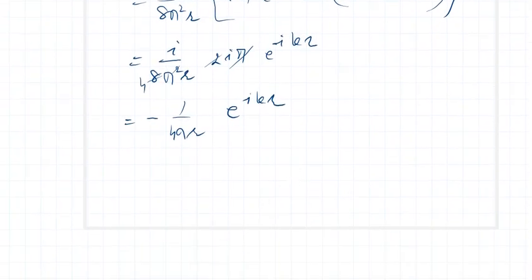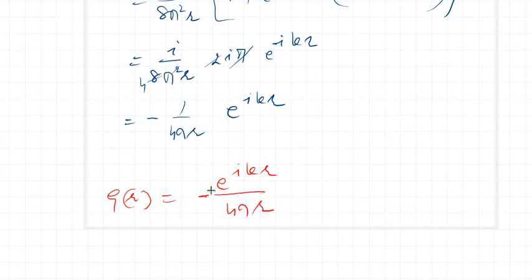Hence we can evaluate this Green function as G(r) equal to minus e raised to power iota kr over 4 pi r.